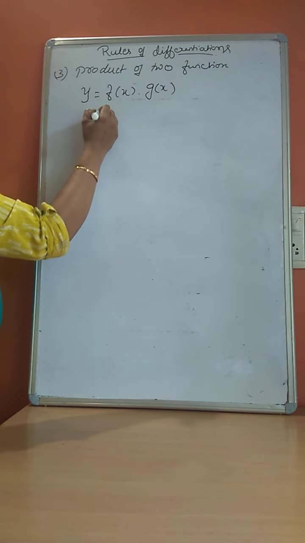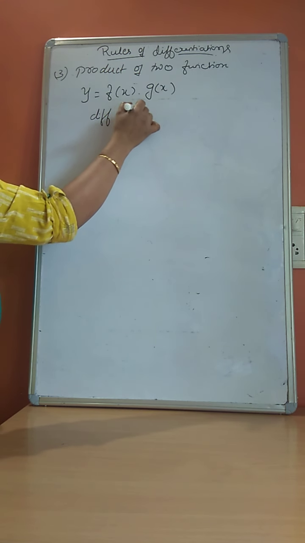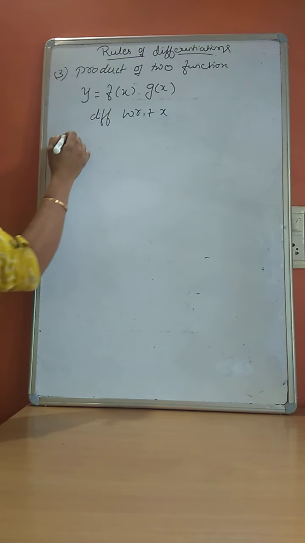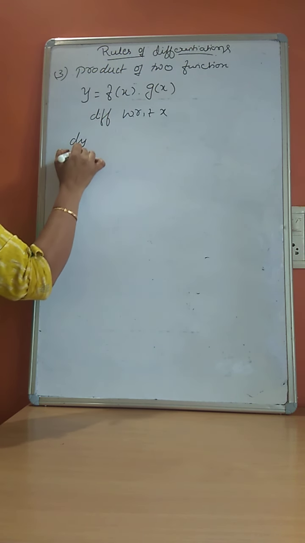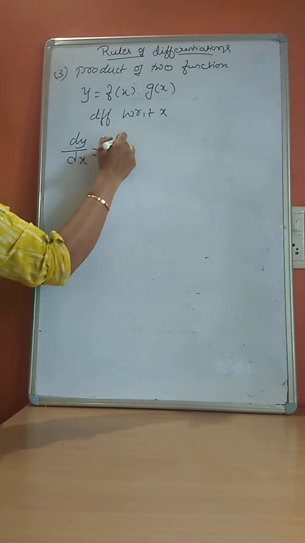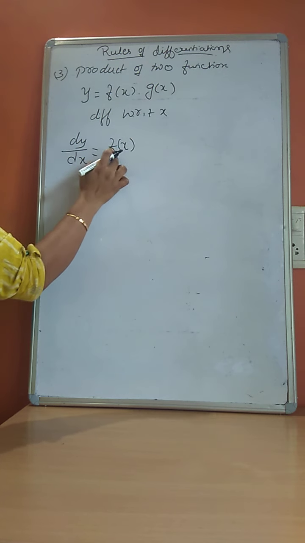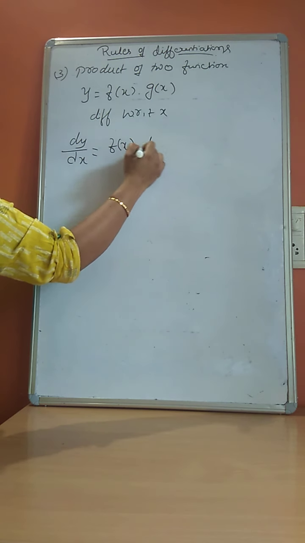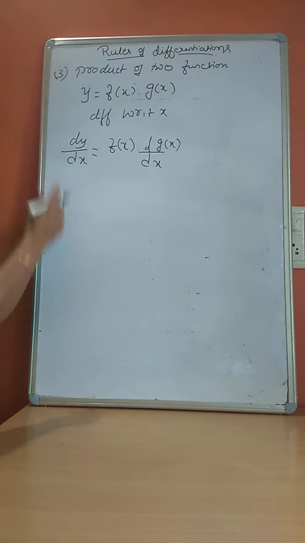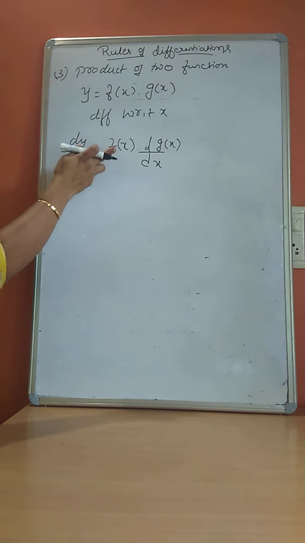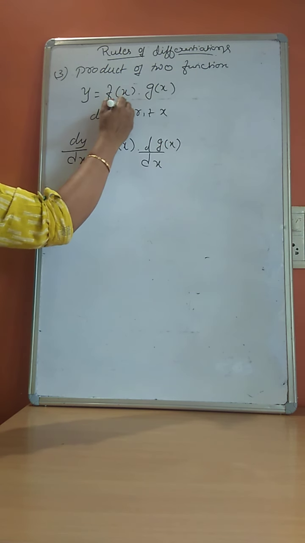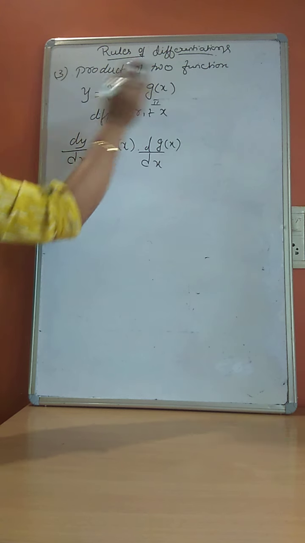Differentiate with respect to x. We get dy by dx is equal to first function keep as it is, first function into d by dx of second function. This one is considered as first one, this one is considered as second one.